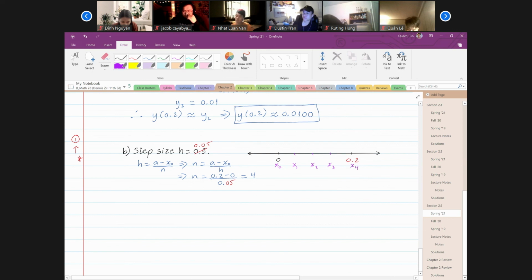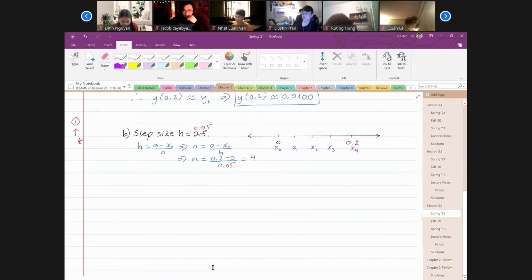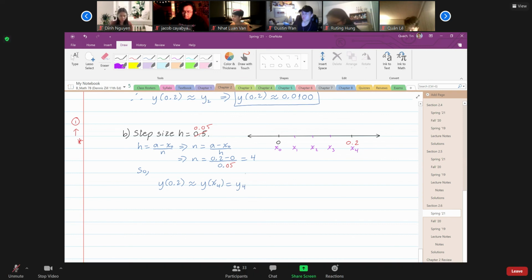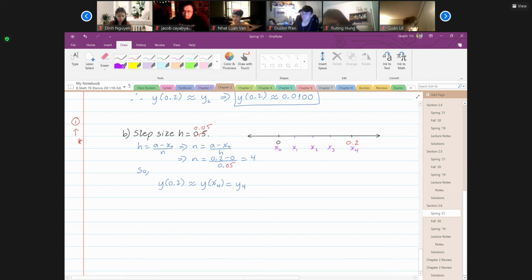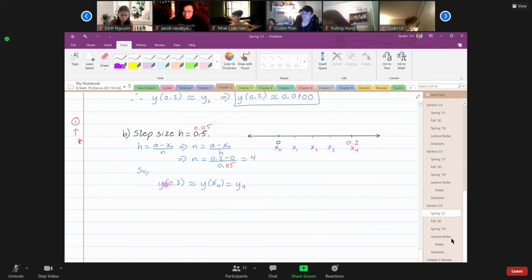So you know that y of 0.2 is approximately equal to y of x of 4, which is y sub 4. All right. So remember, the y subscripts are the y values of the tangent lines. Okay. And y of an x value, that is the actual y value.